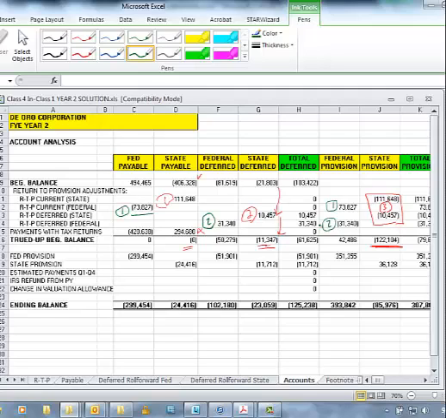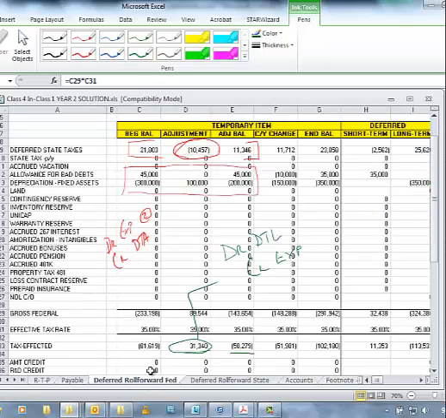Okay? So I assume that I paid, or I was actually refunded my federal overpayment. So my payable goes to 0. And I can prove my federal deferreds of 50 because that ties to my federal deferred roll forward.